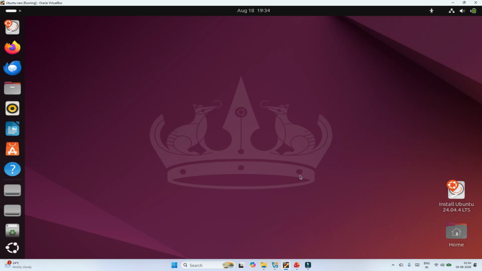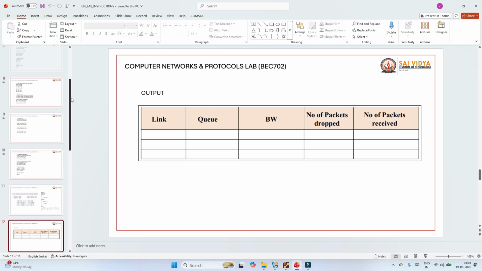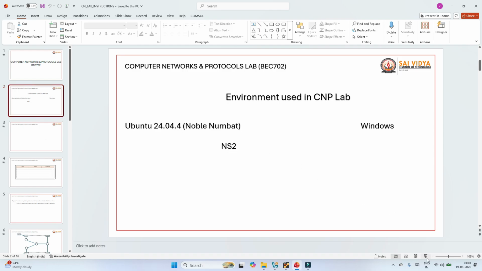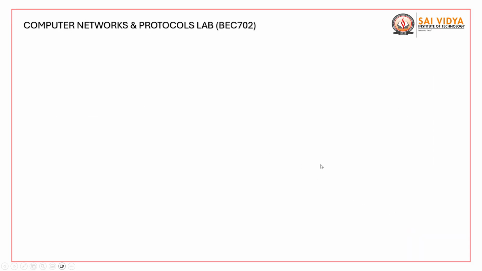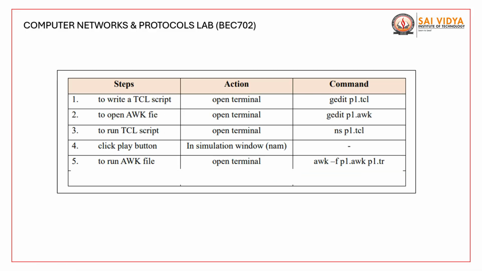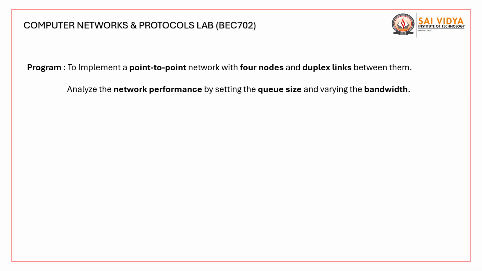So this is all about the explanation for the program to implement a point-to-point network with 4 nodes and duplex link between them, and analyze the performance of the scenario by varying queue size and bandwidth.